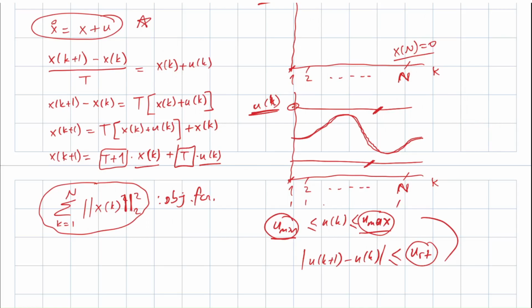Now I am looking at the problem, and in final words, what we are going to find is this. We need to determine x of k and u of k, which we can call the state trajectory and input trajectory, again for k going from 1 to n.